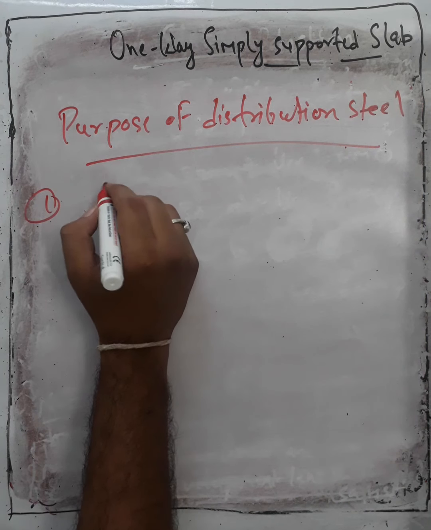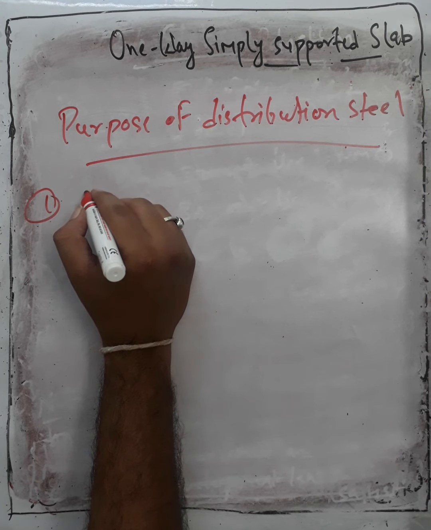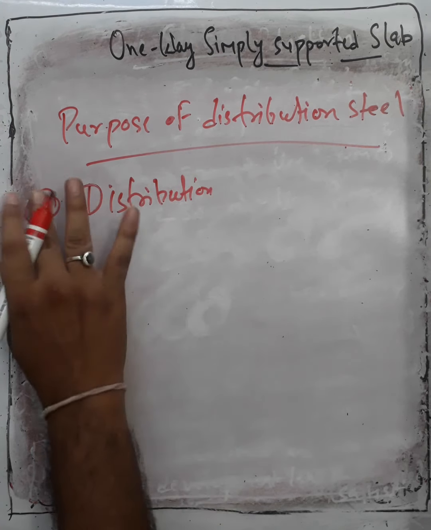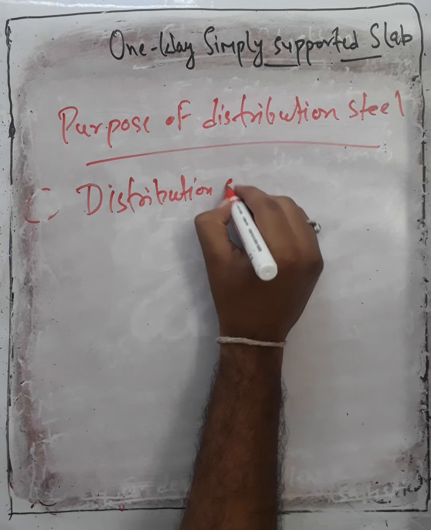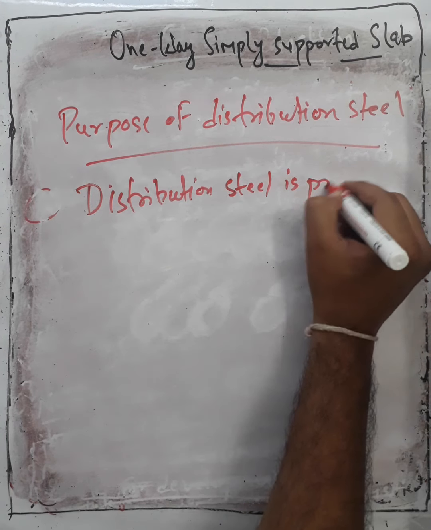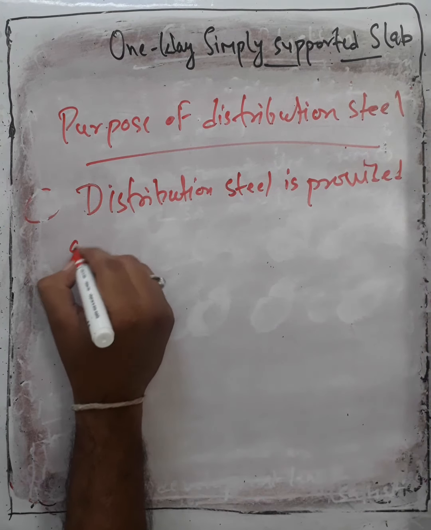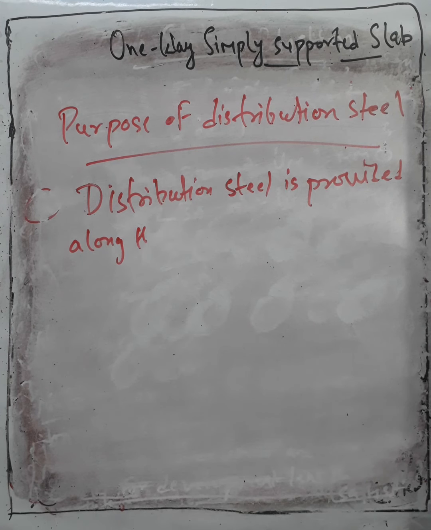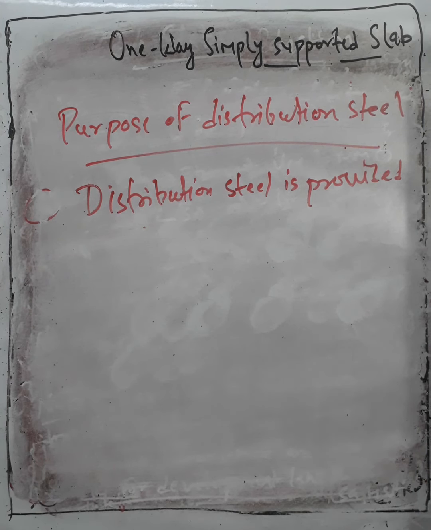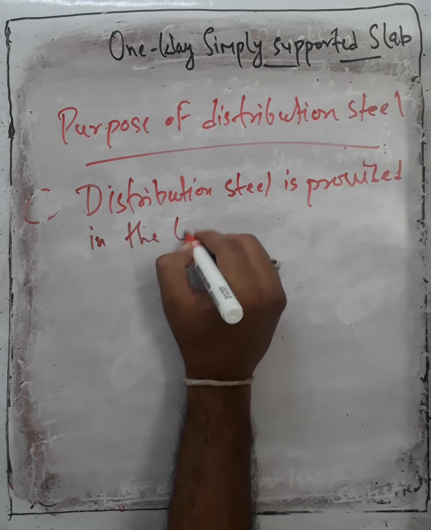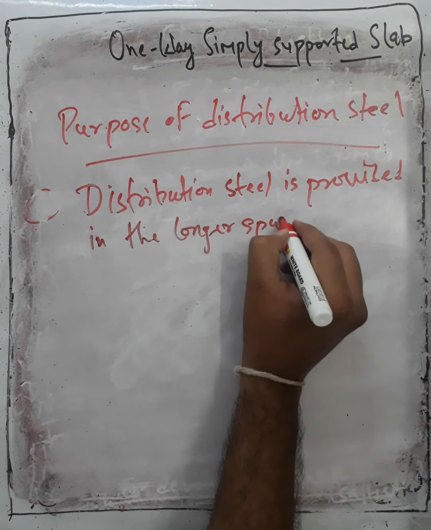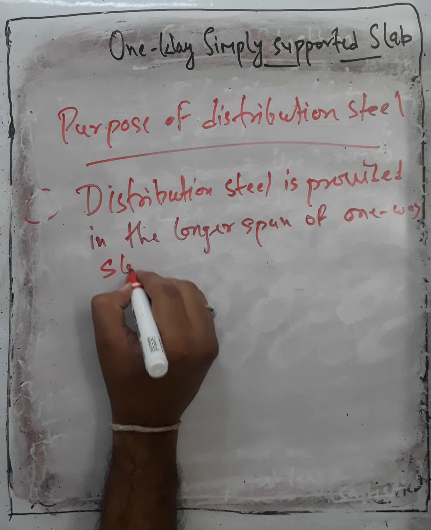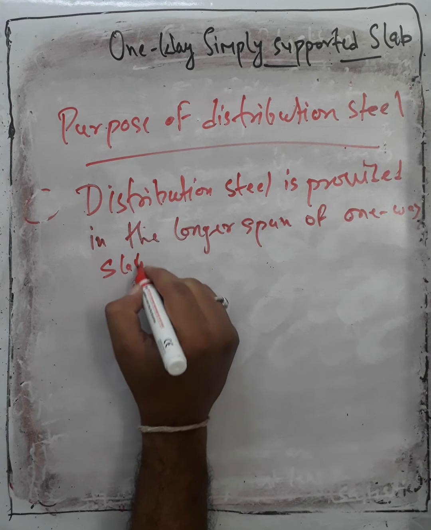First of all, distribution steel is provided in the longer span of a one-way slab and main reinforcement is provided on the shorter span.